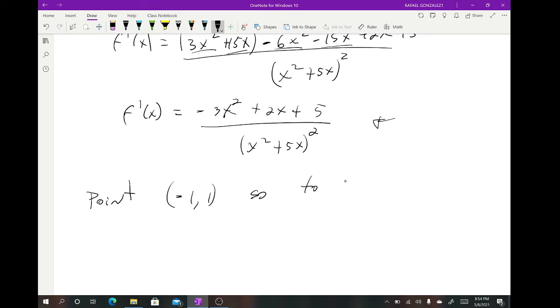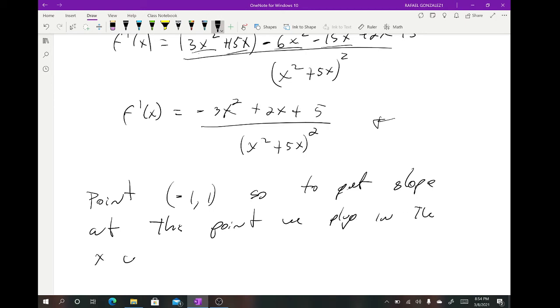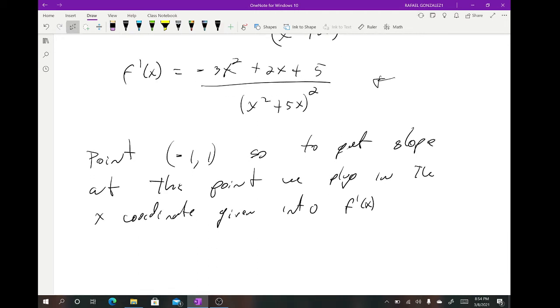So to get the slope at this point, we plug in the x coordinate given into the derivative f prime of x, and whatever we get as a solution will be the slope of the tangent line. So that means that we will take f prime and evaluate it at minus 1.